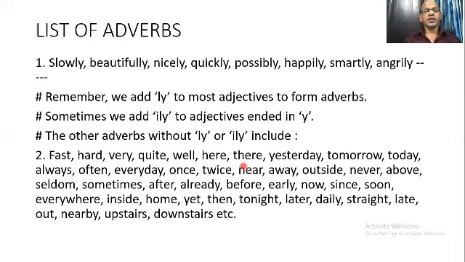Look at the list of some adverbs here. We have got thousands of adverbs in the English language. First, look at the adverbs with ly: slowly, beautifully, nicely, quickly, possibly, happily, smartly, angrily. Dear students, can you remember adjective?